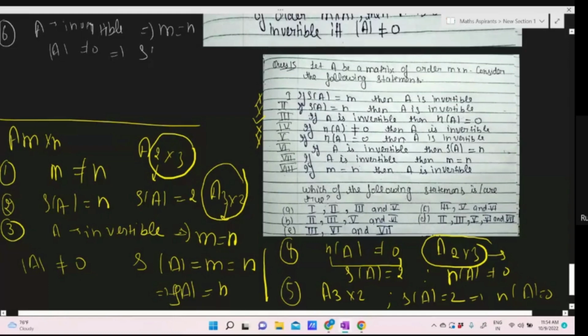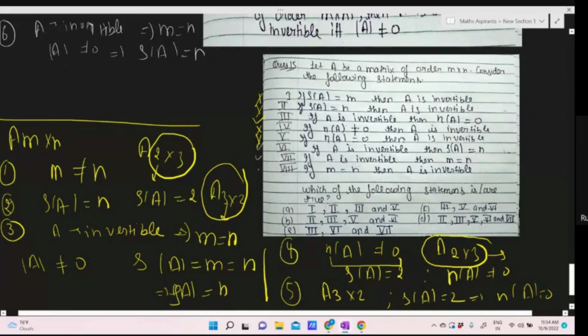And if determinant of A is non-zero, then rank of A is equal to N. Therefore, option number 6 is the correct option. If we talk about option number 7, if A is invertible, then M is equal to N, which is also a correct option.